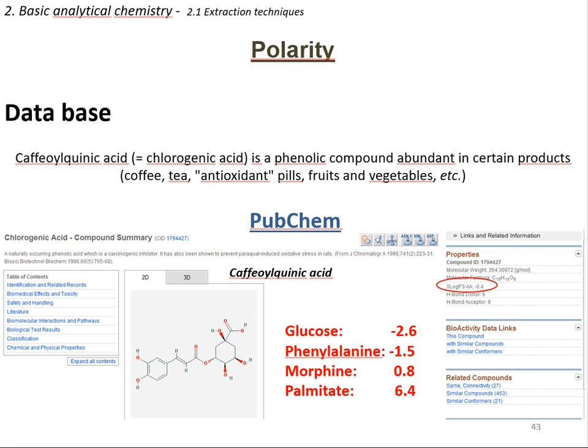And palmitic acid, of course, it's got a carboxy function, which is very polar, but also a whole aliphatic chain, which is the CH, and no possibility for the hydrogens to interact with other molecules. So it has a very positive value. So you can see that caffeoylquinic acid in this configuration is somehow in mid-polarity range.